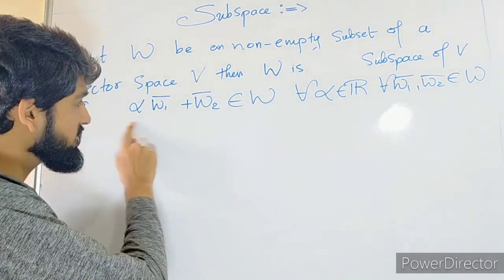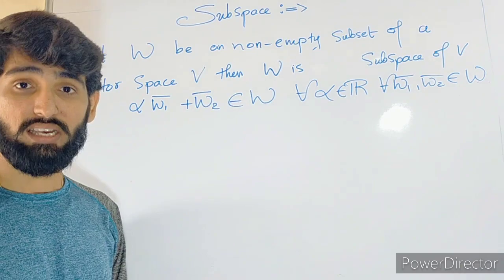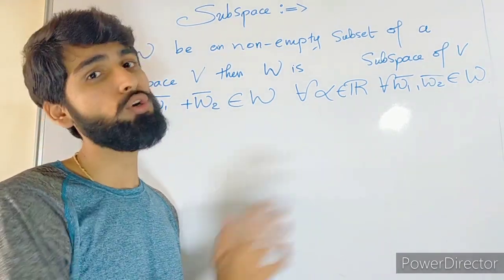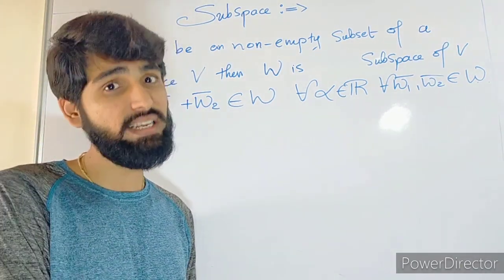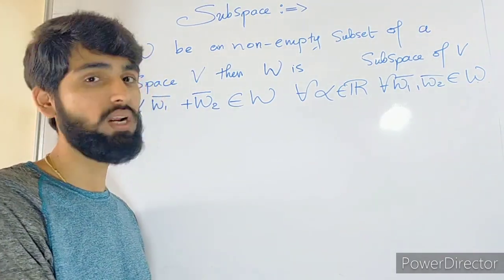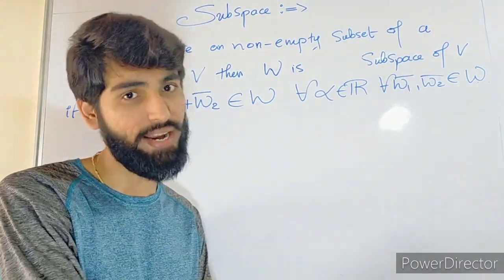If we just satisfy this single condition, it is enough for W to be a subspace. We will see how this single statement can overcome those extra 9 conditions.